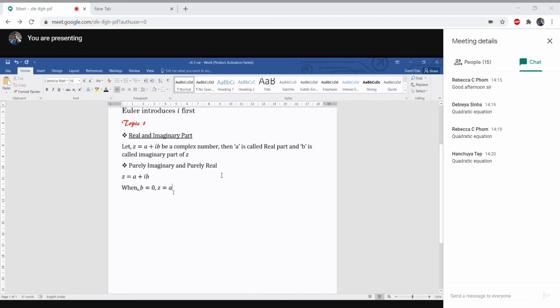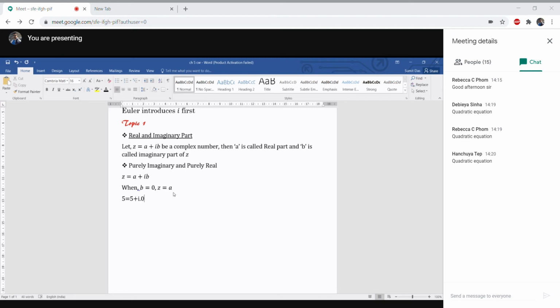So what conclusion can we draw from here? Any real number can be written as a complex number. The condition will be that the coefficient of i will be 0. Suppose 5. 5 can be written as 5 plus i into 0.